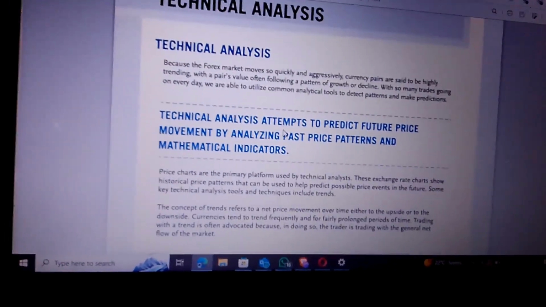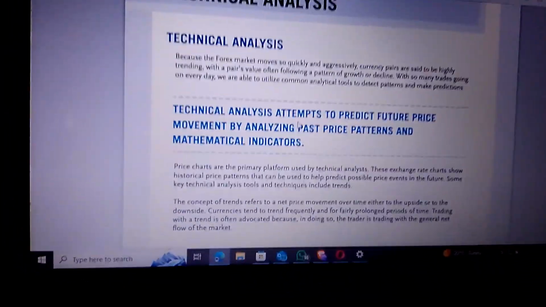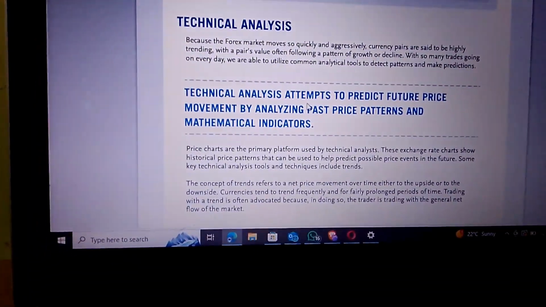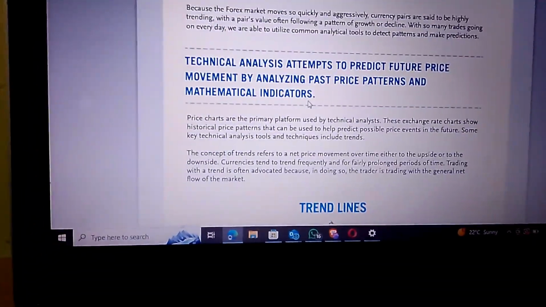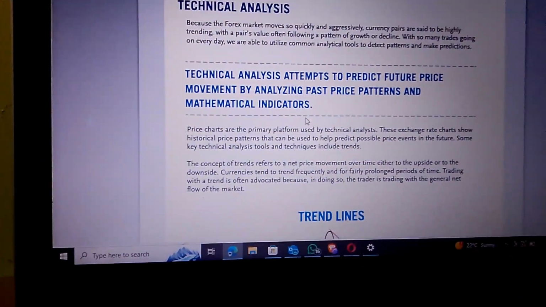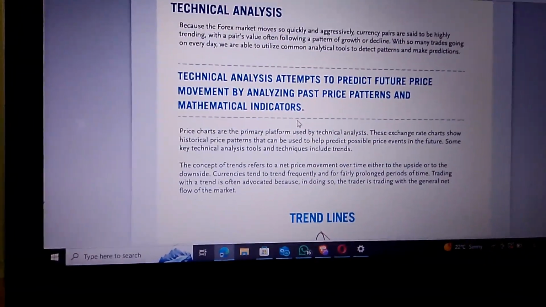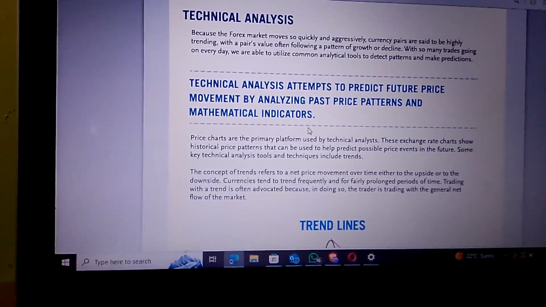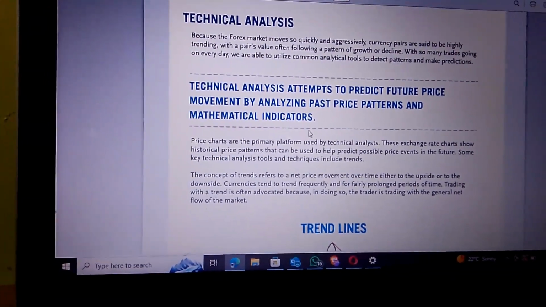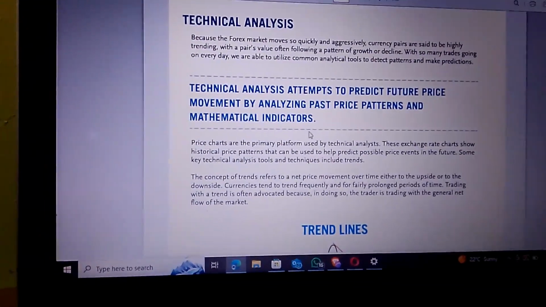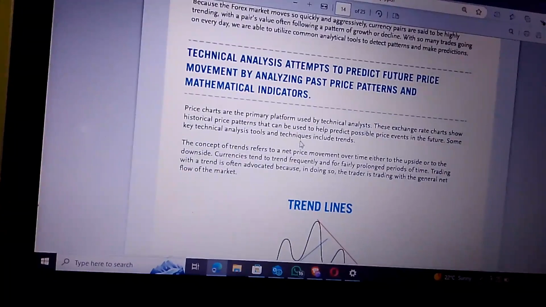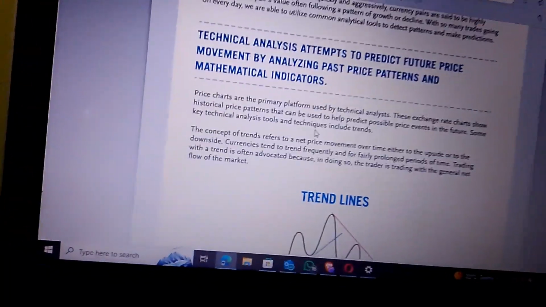So since it moves aggressively and quickly, it follows some patterns, and the patterns can be followed and traded. With so many trades going on every day, it's possible to utilize common analytical tools to detect patterns and make predictions. And this is what many people do when they want to do forex for speculation.